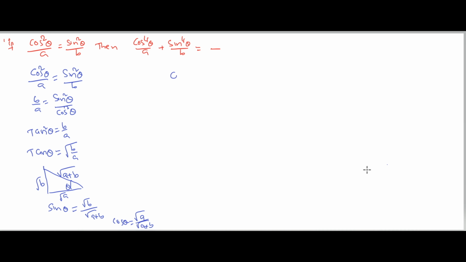Now cos power 4 theta by a plus sin power 4 theta by b is equal to 1 by a into cos power 4 theta, that is squaring on both sides, a by (a plus b), again squaring, that is a square by (a plus b) whole square, plus 1 by b into sin power 4 theta, whose value is b square by (a plus b) whole square.